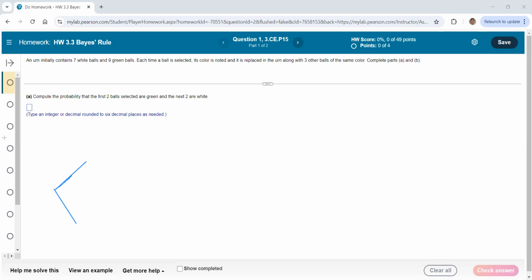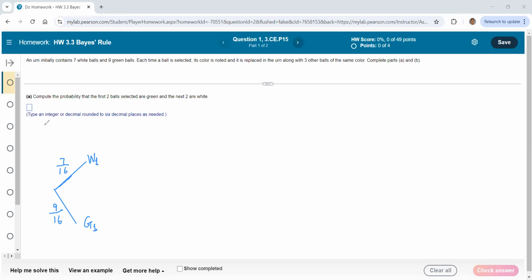So the first step, there are 2 kinds of balls, 2 colors, white balls and green balls. Let's put white here. And green, and that means the first ball, okay? And we have 7 white balls and 9 green balls, so it's 7 out of 16. There are 16 balls totally. And then here, green is 9 over 16.